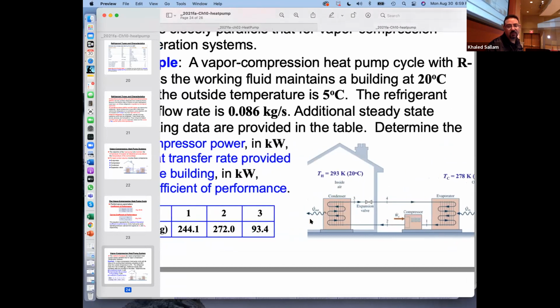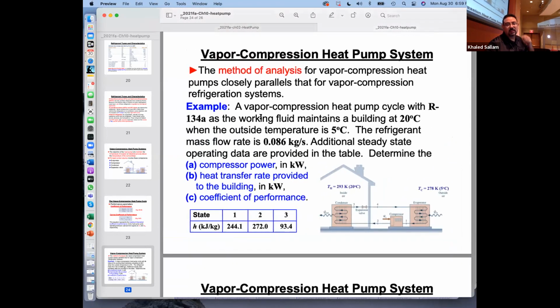We don't really have to solve a problem, but same thing, it will say, let's read the vapor compression heat cycle with R134 working fluid. The building is maintained at 20 degrees C when the outside is 5 degrees C. The refrigerant flow rate is this much.